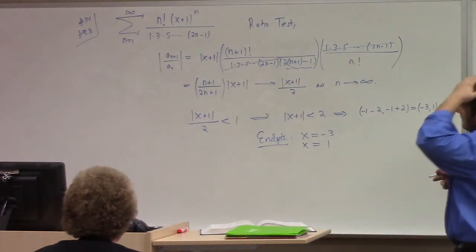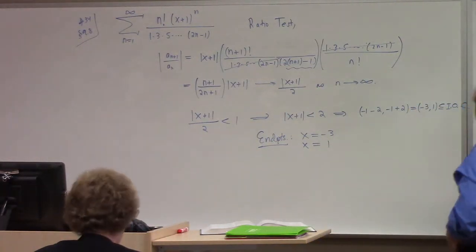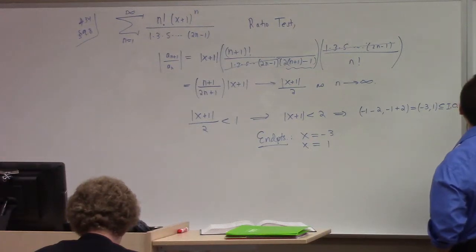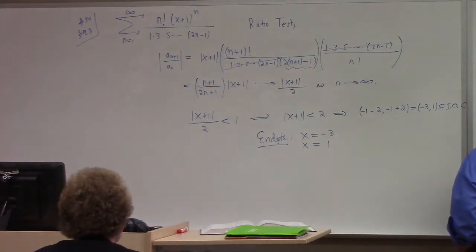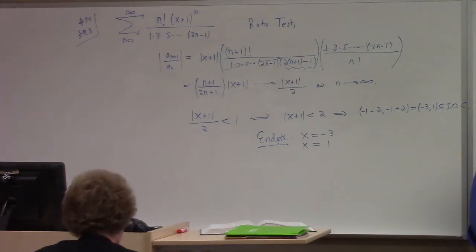All right, so let's try out the minus 3. Oh, it's just unpleasant. I mean, it's fine. It's just so much. I need to get new eyes. Let's see here. N factorial. What's minus 3 plus 1? All right.